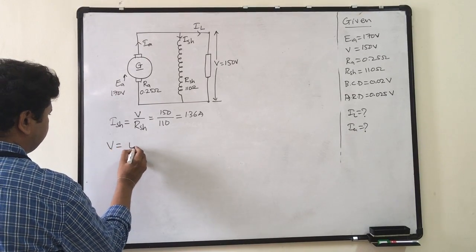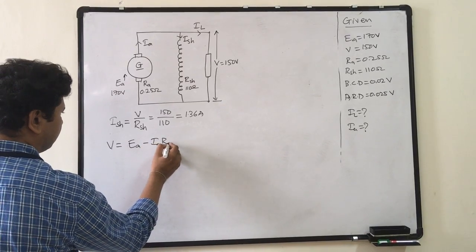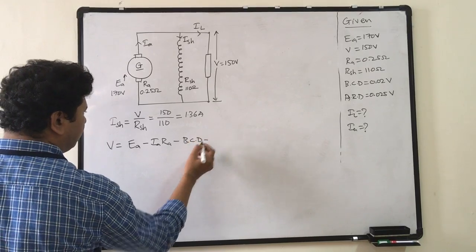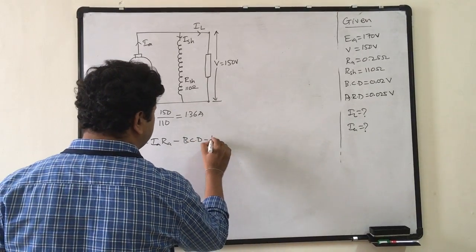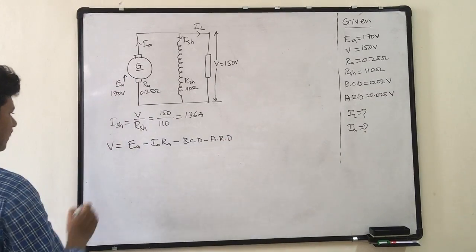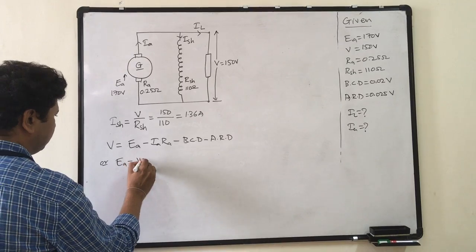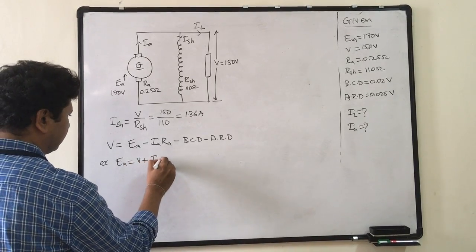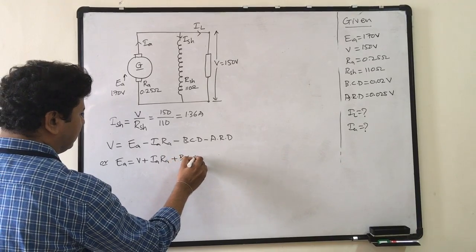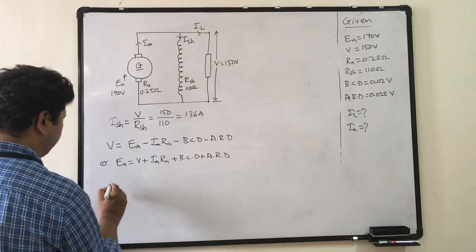V is equal to EA minus IARA minus brush contact drop minus armature reaction drop, or EA is equal to V plus IARA plus brush contact drop plus armature reaction drop.